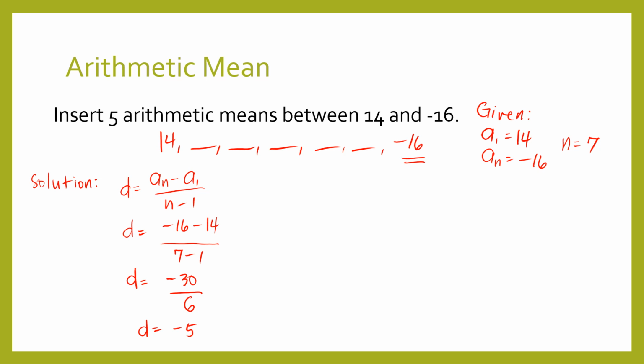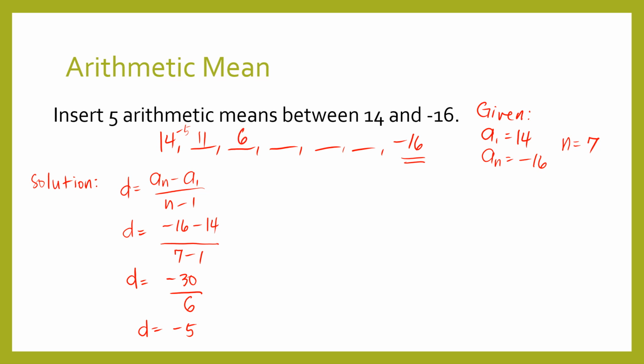Now, to find out the terms in between 14 and negative 16, what you are going to do first is add the first term and the common difference. So 14 plus negative 5, or 14 minus 5, is 11. Then 11 minus 5, or 11 plus negative 5, is 6.